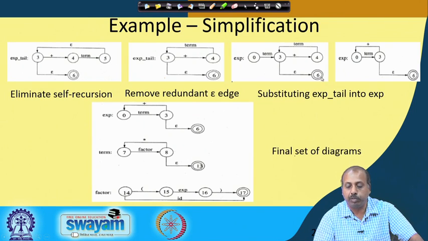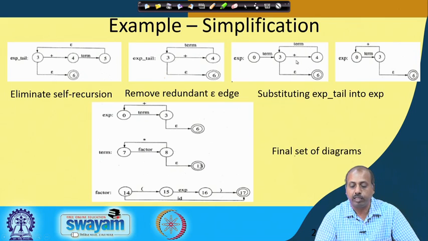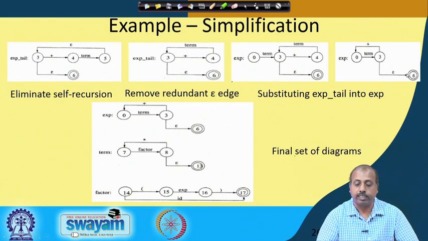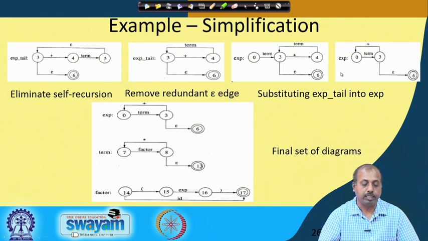After that you can simplify. From here on term it goes from 0 to 3, and then on plus and term it comes back to state 3. Instead of that, on plus I can take it back to state 0. It is done like this, and then on epsilon it goes to state 6.